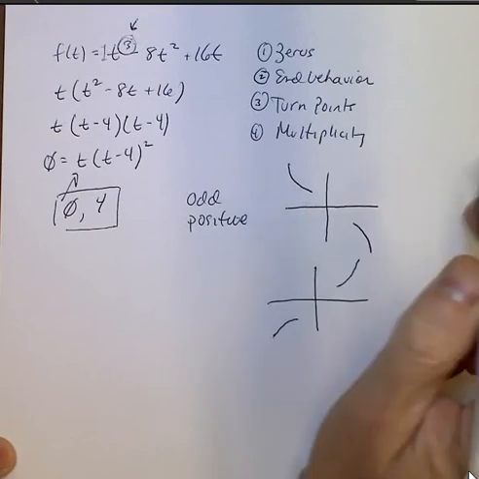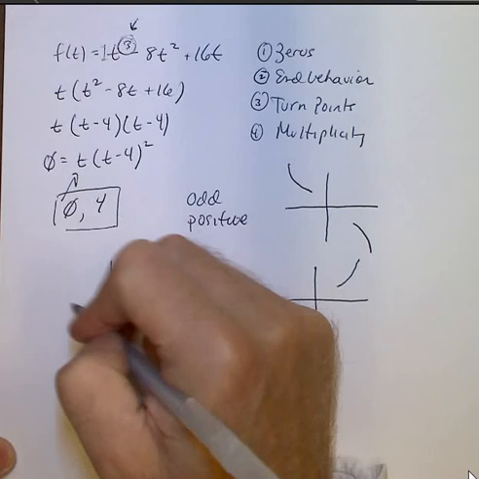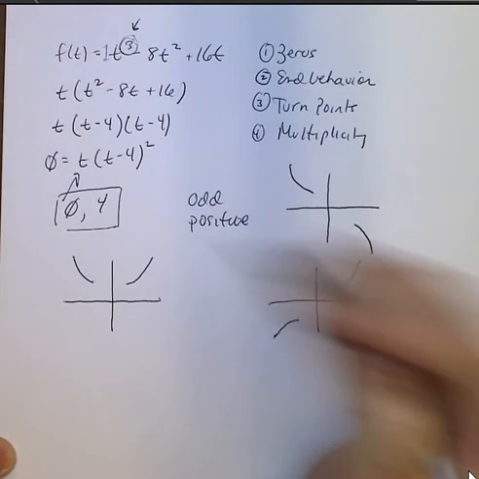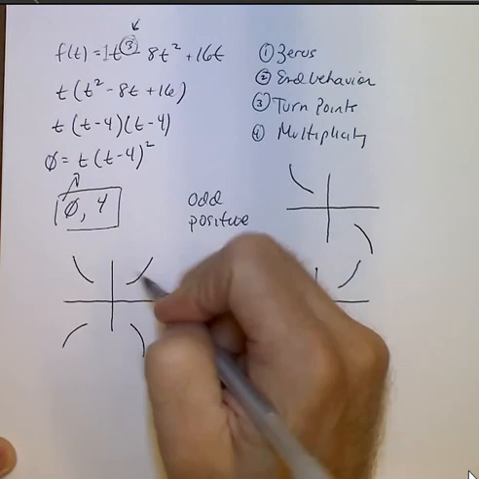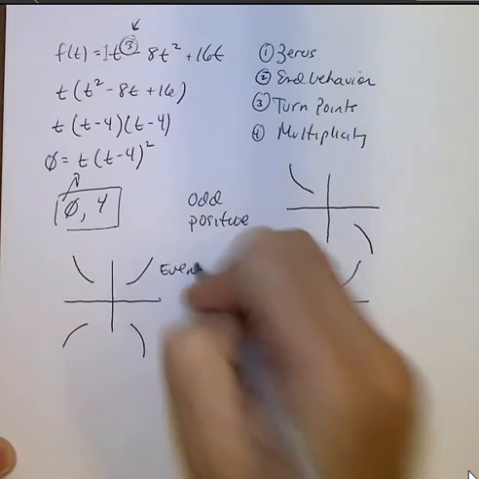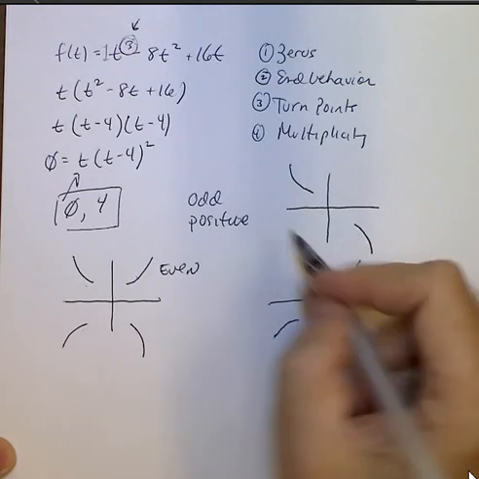Even degree polynomials either start like this and end like this, or they start like this and end like this. So with even, they start and end in the same direction. With odd degree, they start and end in opposite directions.